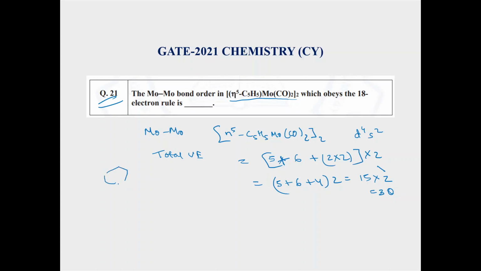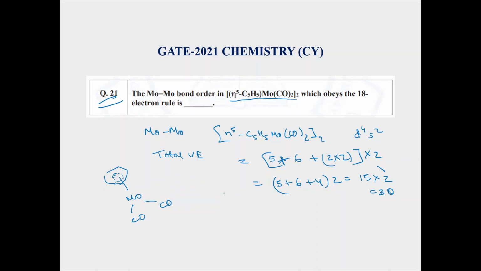This is the structure of this complex: Mo, CO, CO. So one more is attached. We don't know whether this is bridged or what.